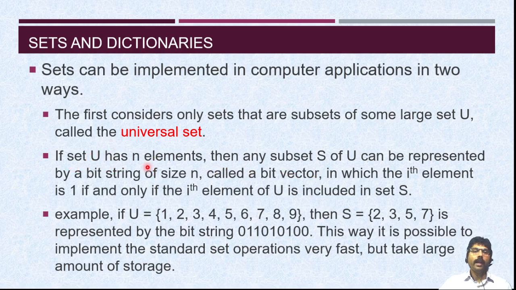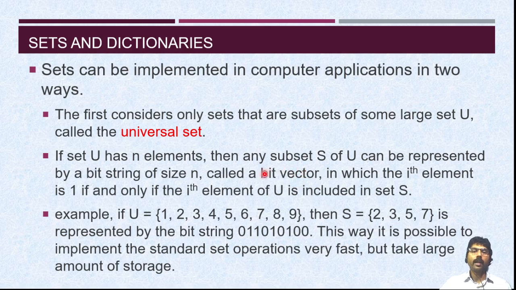If set U has n elements, just imagine that the universal set contains n elements, then we can create our set using U by representing it as a bit string, which is also called a bit vector.